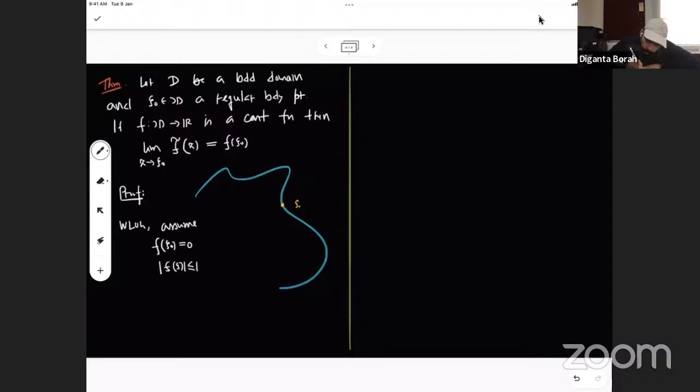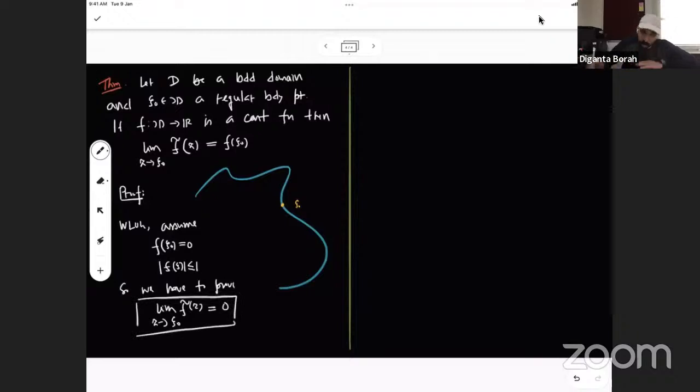So we have to prove that the limit of f tilde of z as z goes to zeta naught is f of zeta naught, which is 0. I am taking this assumption only for convenience. So how do I do this? I'll use the epsilon-delta method.